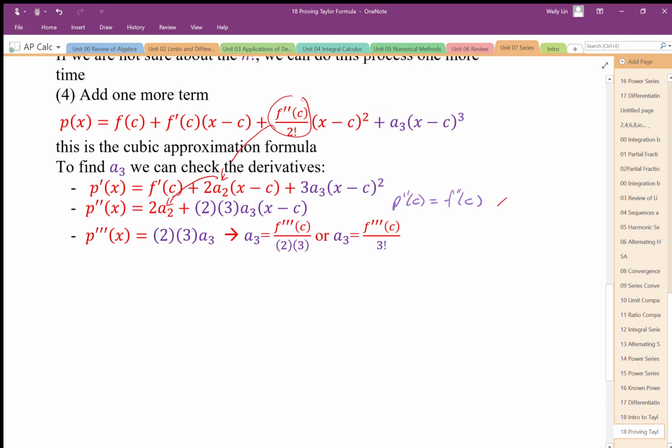Then I can do this by induction: I differentiate one more time, and the third derivative is also equivalent at that point. We can solve for the coefficient a3 by dividing the third derivative evaluated at c by the coefficient 2 times 3, and again you can see that it starts becoming factorial notation. So there it is, theorem 1, how we get the coefficients of the Taylor polynomial series.